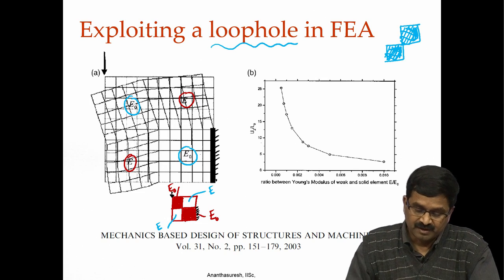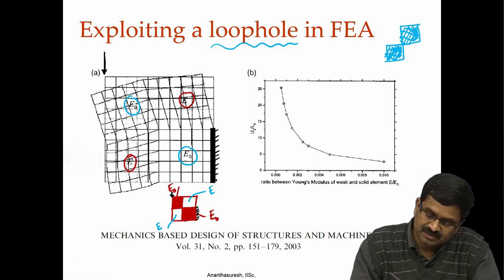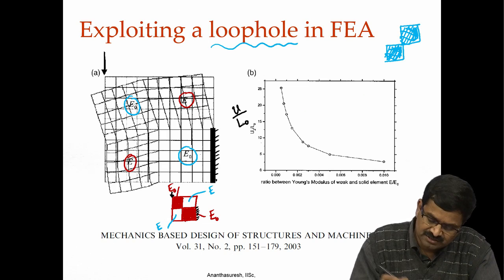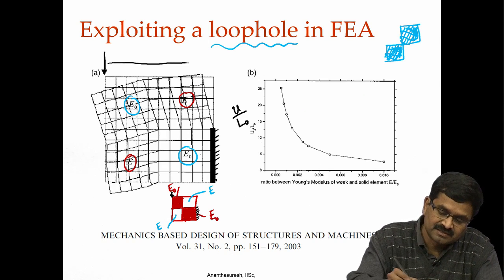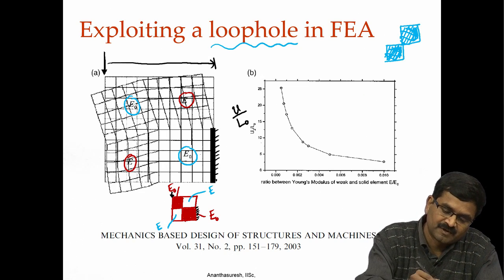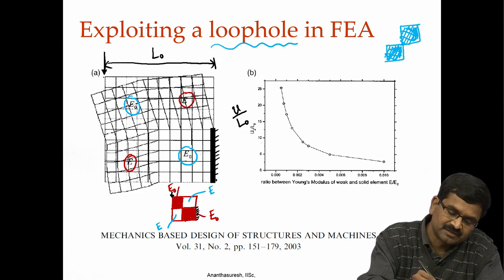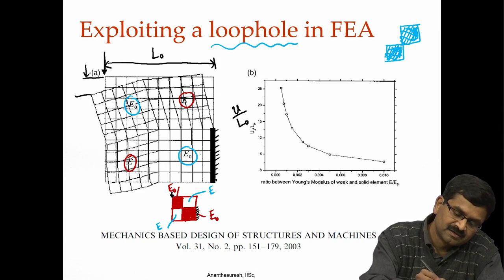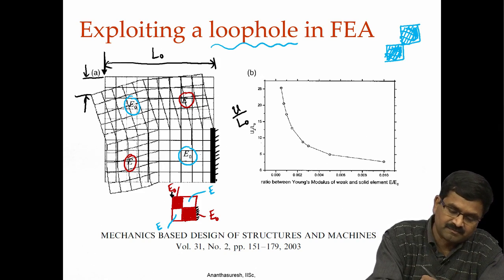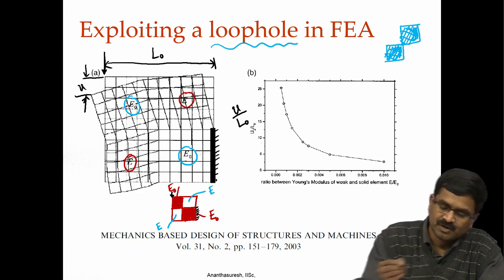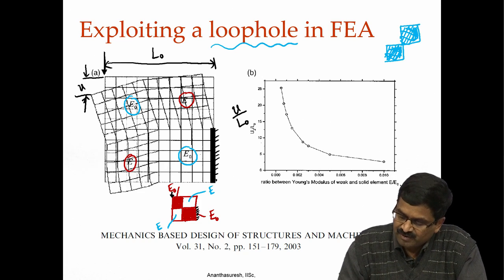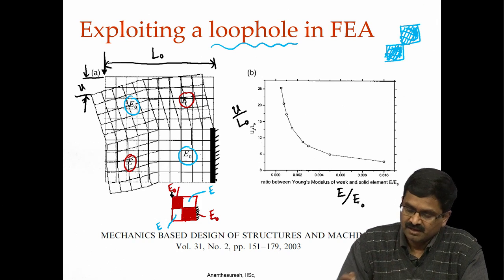Now if I indicate the displacement here as u, and plot u by L0, where L0 is this length, the displacement of this point in this direction, against E by E0.